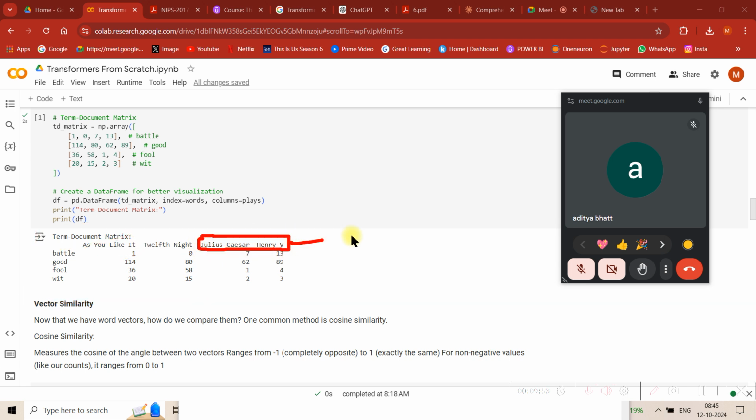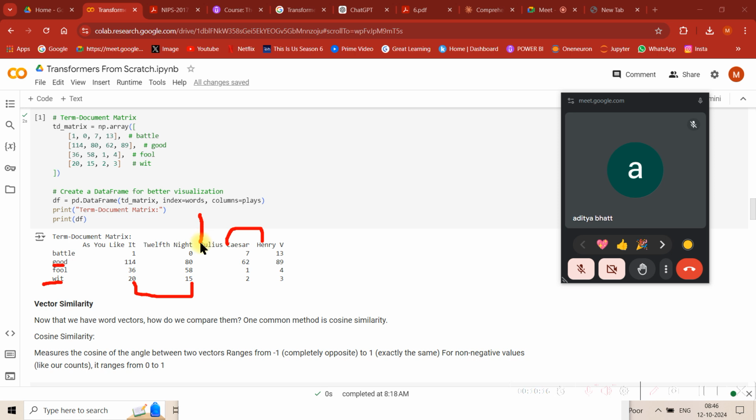Henry V I guess, not sure. So the idea is that battle is more frequently occurring in these two type of plays. If you would have studied Shakespeare's plays, you might relate to it, right? So let's say wit, right? Wit is more occurring in these two things, and battle is occurring in these two things.